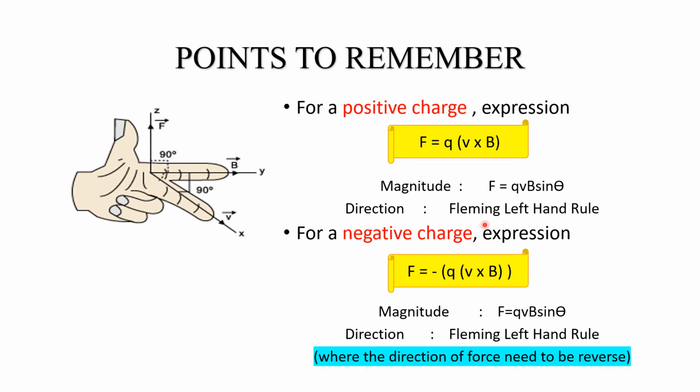But when it is a negative charge, you have to reverse the direction of force you get from the rule in order to get the exact direction of force for the negative charge. That is the reason why you can see a negative here compared to the one in a positive charge.